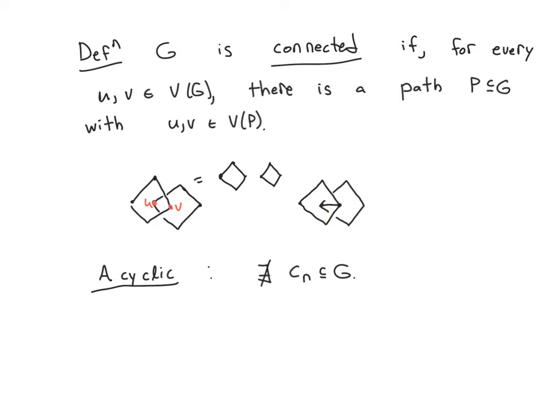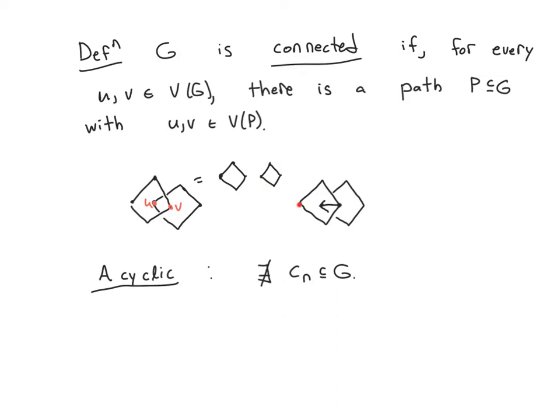On the other hand, if I just add an edge between those two vertices, now the resulting graph you can see is connected. How do we know that? Well, any two vertices on the diamond on the left are connected by a path because you can see that a 4 cycle is definitely connected. Any two vertices on the right are connected by a path because you can see that this graph is also connected.